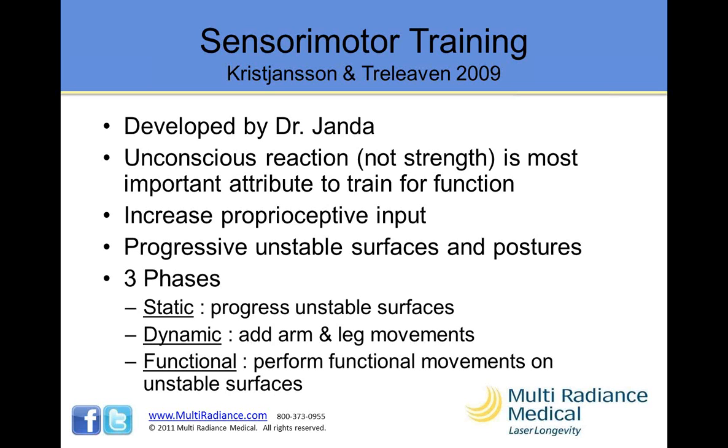In our static phase, we use unstable surfaces. We use foam stability trainers, rocker and wobble boards, and stability discs. We progressively increase the level of instability. Then once we feel they're confident and comfortable doing that on a static level, we'll add dynamic movements such as arm and leg movements on top of unstable surfaces.